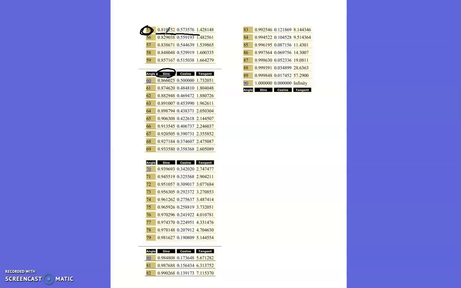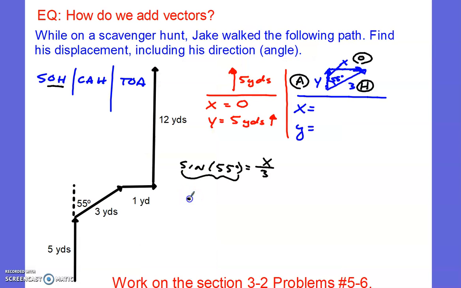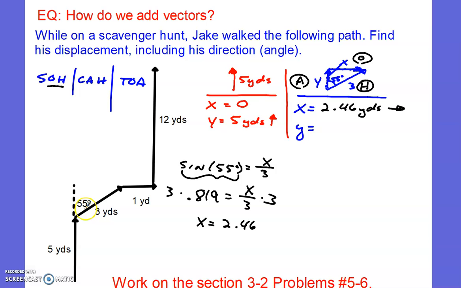The sine is 0.819. I multiply each side by 3, and I get my x component to be 2.46. That is east that Jake has traveled during this part.